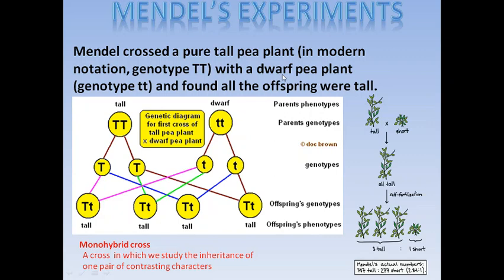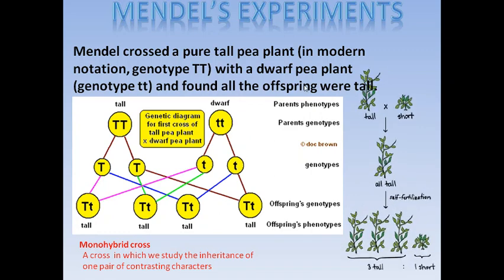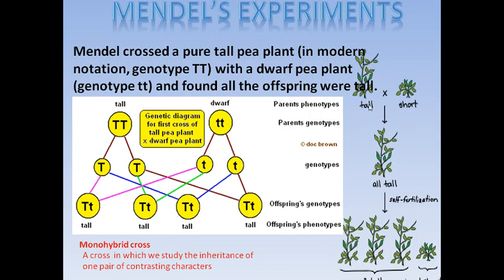Dwarf means short, again a pure dwarf pea plant with the genotype small tt. Surprisingly, he found that all the offspring were tall. See, in this diagram, this is the tall plant, this is the short pea plant, and all the offspring in the first generation were tall.